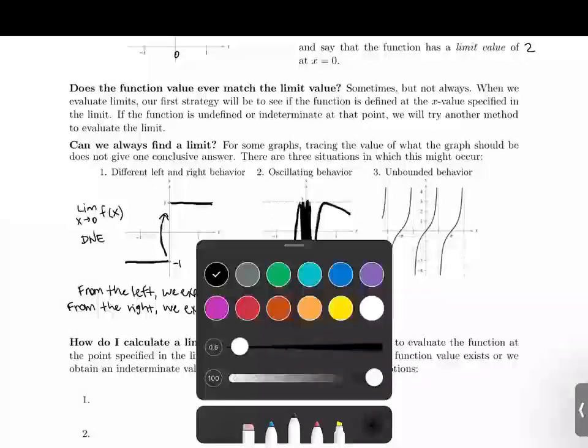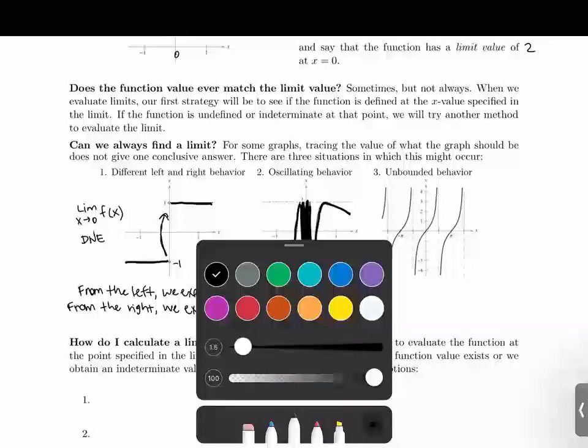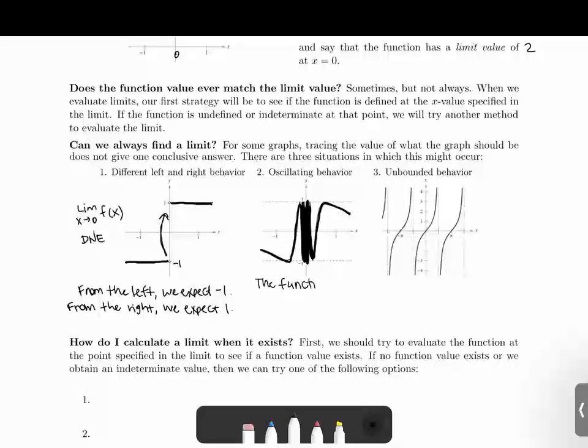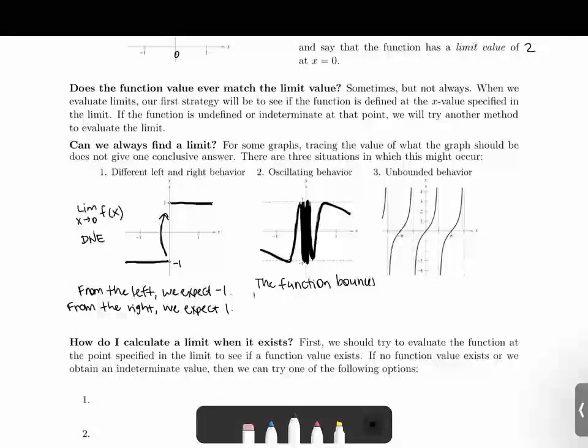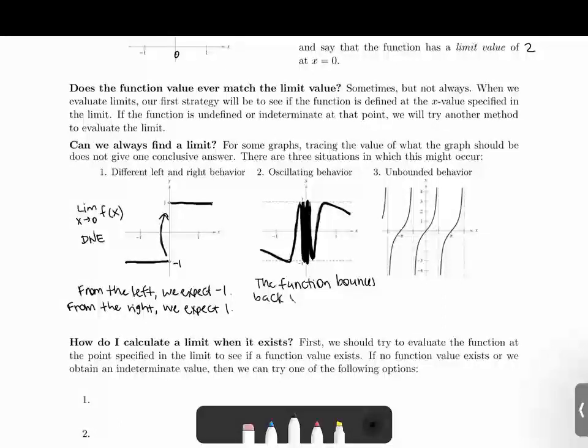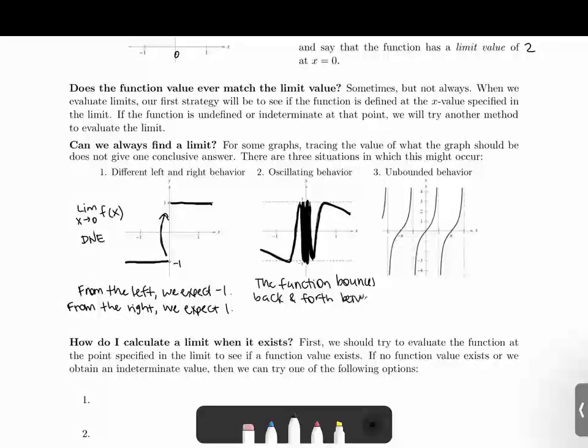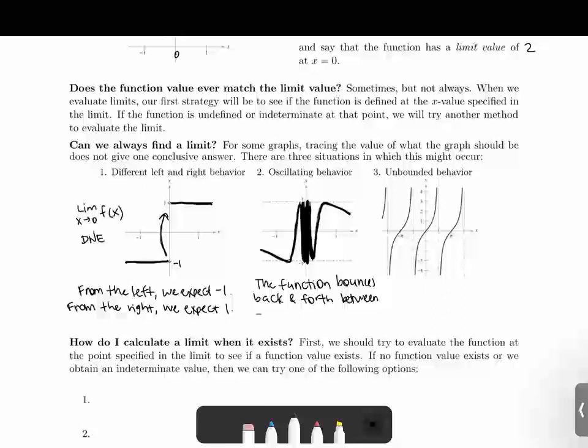So what this means is that the function is going to bounce back and forth between -1 and +1 as we're getting closer to 0.